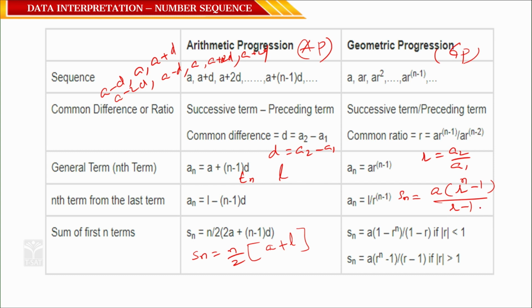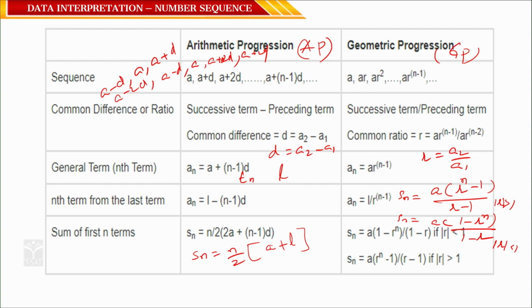Here what is the condition? If modulus r is greater than 1, if the common ratio is more than 1, that's very important. Otherwise, Sn is equal to a of 1 minus r to the power of n by 1 minus r. So, here modulus r is less than 1, that's the condition.